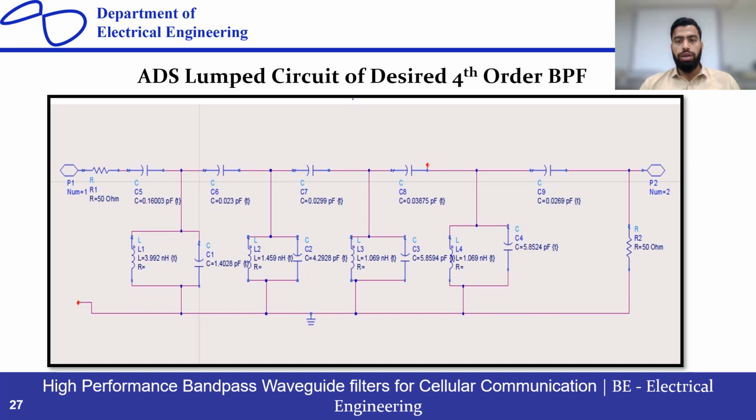In the lumped circuit, we represent them through the coupling capacitors, while these are the tank circuits, which are actually the resonators of our HFSS model. I discussed the formulas in the starting slides for finding the values of these inductors and capacitors to design this lumped circuit in ADS software.